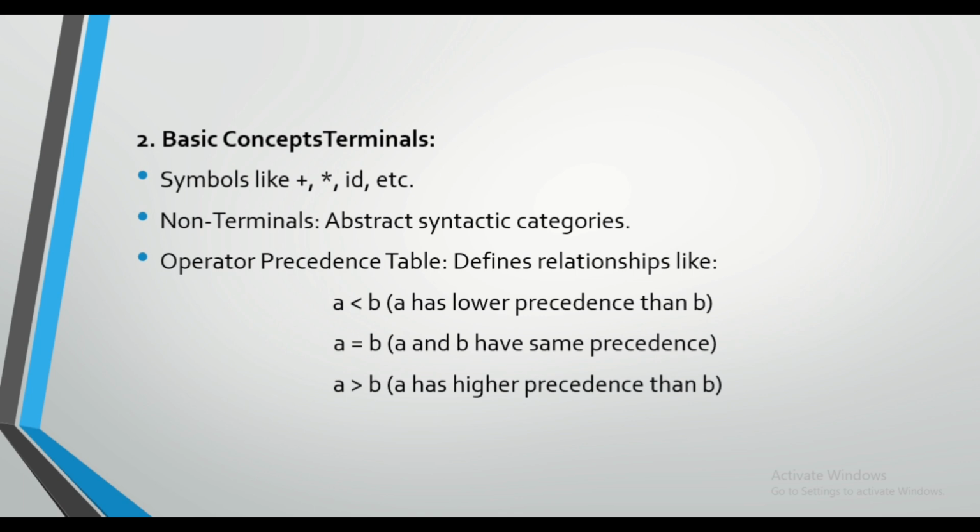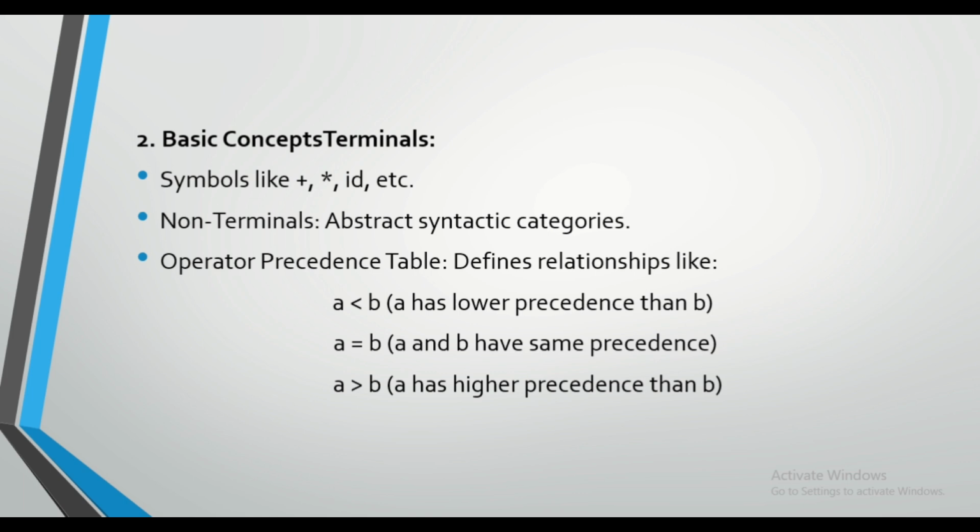Basic concept of operator parsing. Here, the non-terminal represents a group or pattern in the grammar, like E for expression. The operator precedence parsing table is a key structure that defines how operators relate to each other in terms of precedence.